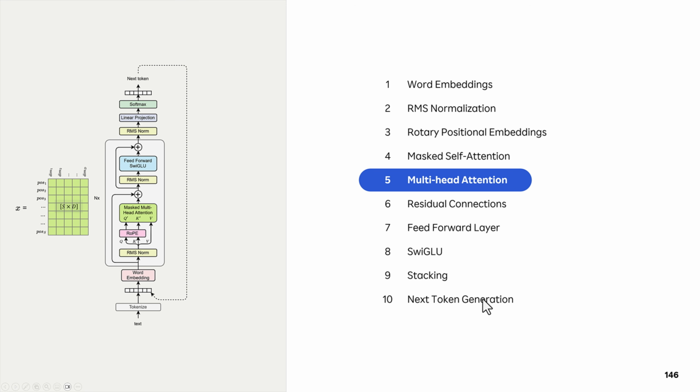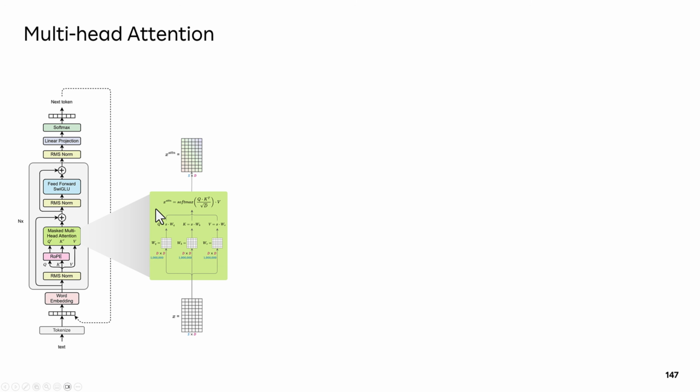If you look at the decoder-only transformer architecture, you see that this block here is called multi-head attention, not self-attention. So what is multi-head attention? If you zoom out this box here, you see that you have the S cross D matrix that goes into the self-attention calculator and then comes out the context aware S cross D embedding matrix.